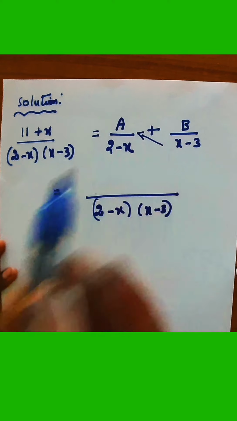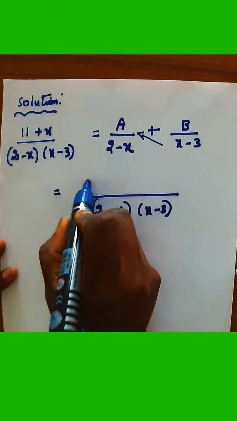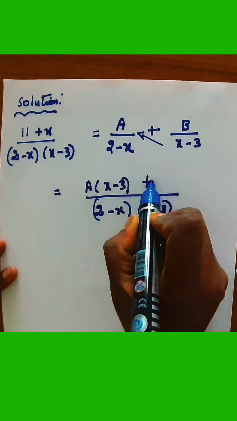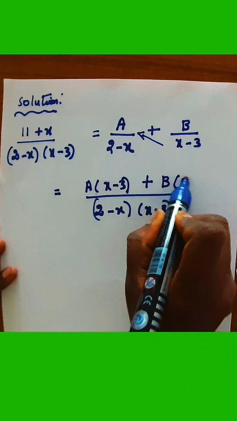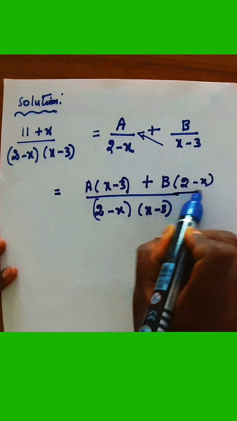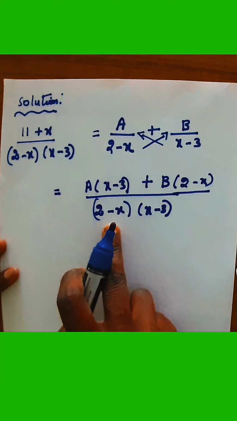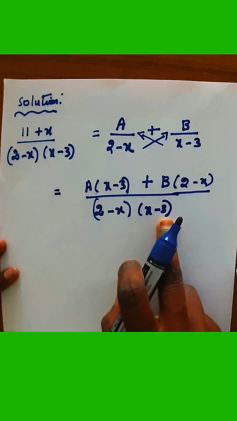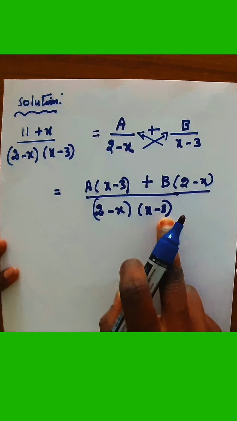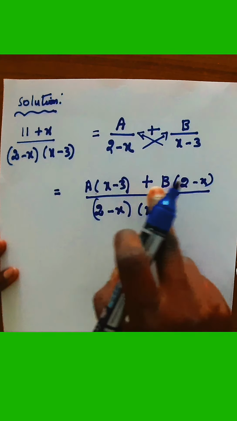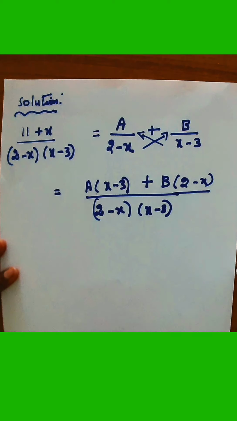Then we have to cross multiply. So a times x minus 3 plus b times 2 minus x. I have taken the LCM, 2 minus x times x minus 3, and then we have a times x minus 3 plus b times 2 minus x.